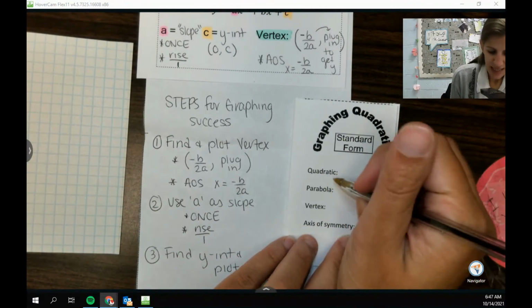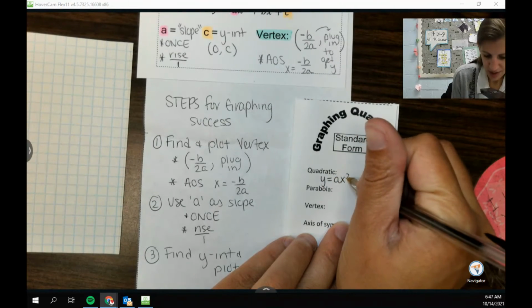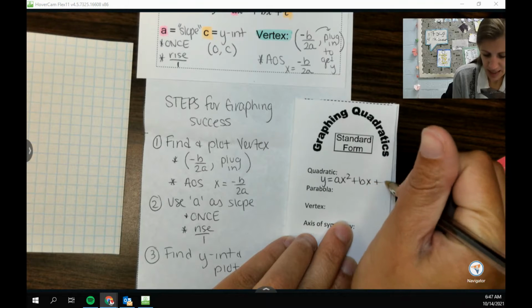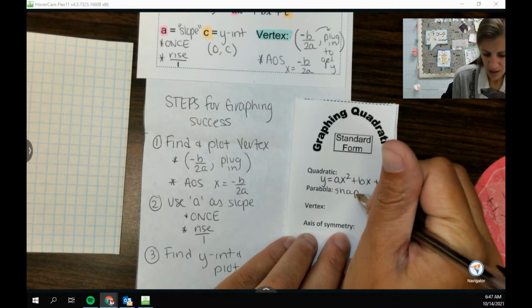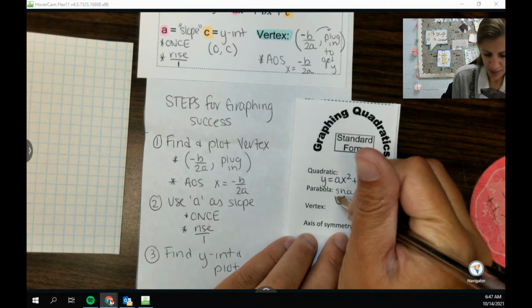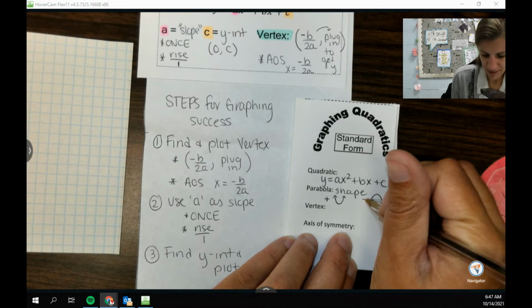So graphing a quadratic in standard form, our quadratic equation is y equals ax squared plus bx plus c. Parabola is the shape. It's either a pointing up parabola if we're positive, or a pointing down parabola if we're negative.